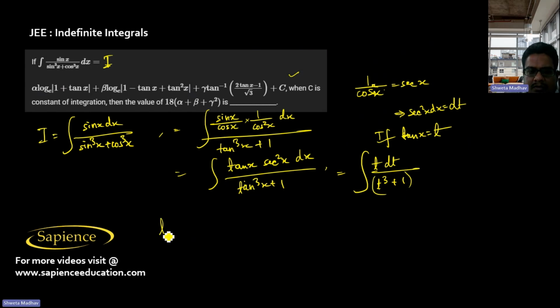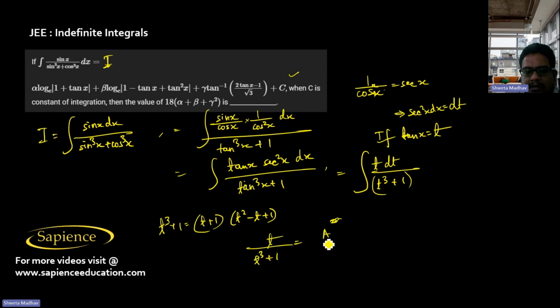Now t cube plus 1, we can say, would be equal to t plus 1 into t square minus t plus 1. Therefore, this t by t cube plus 1 is equal to t by t plus 1 into t square minus t plus 1.